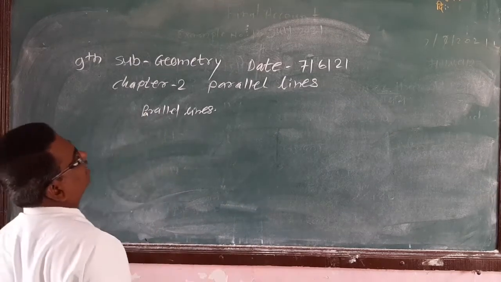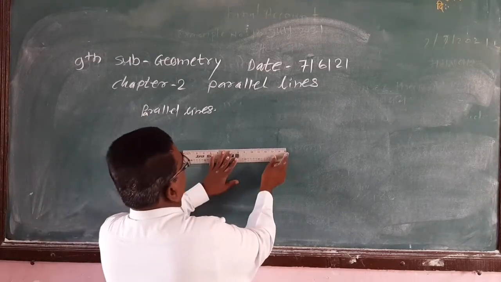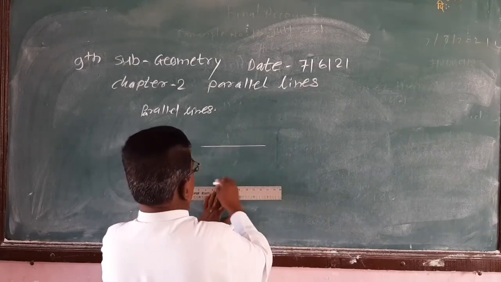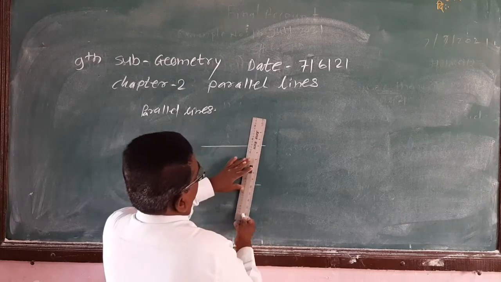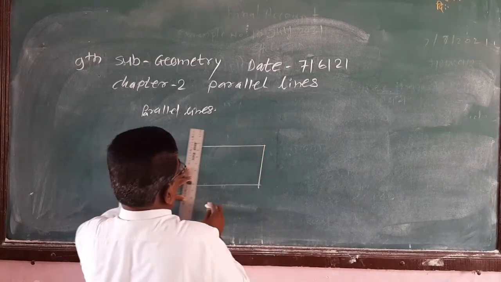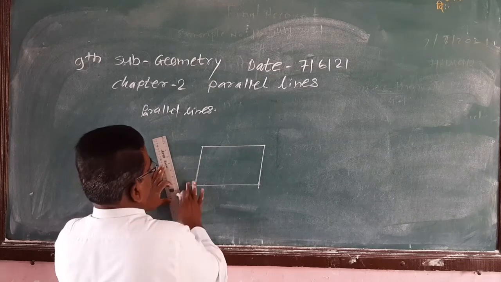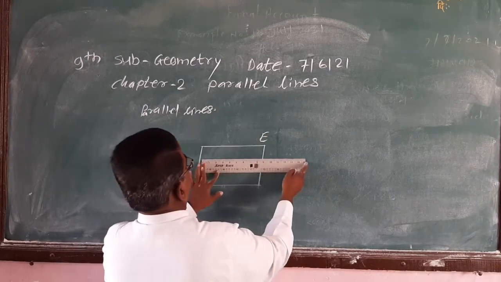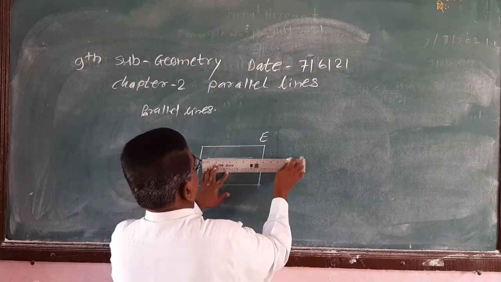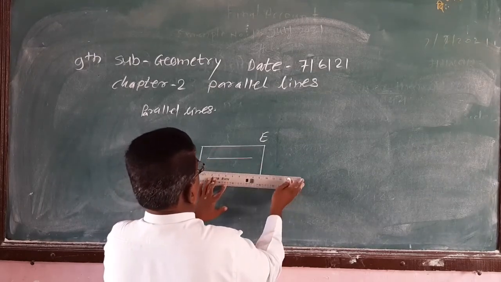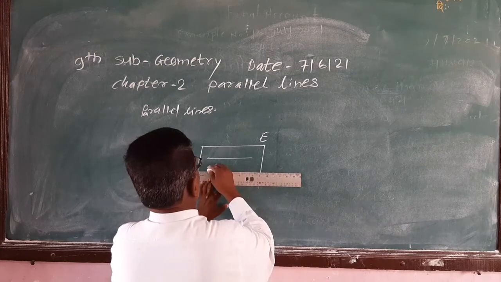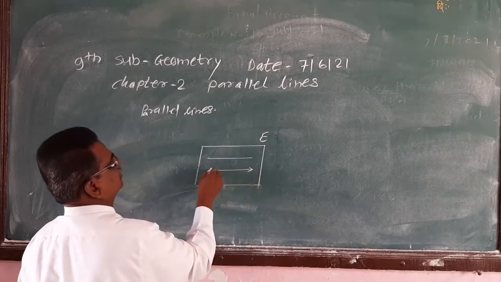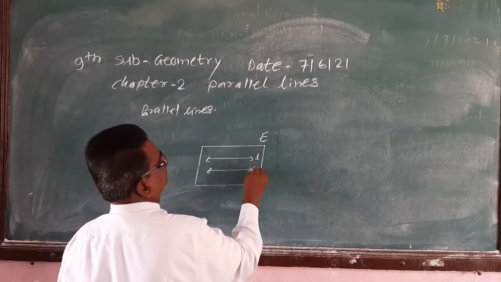Okay? Here we draw figure. E is a plane. In this plane, two lines L and M. Okay?